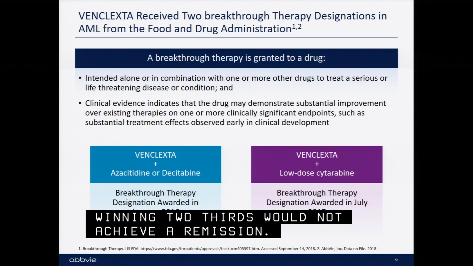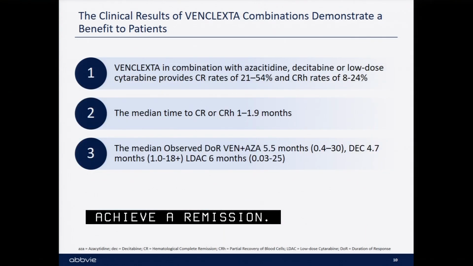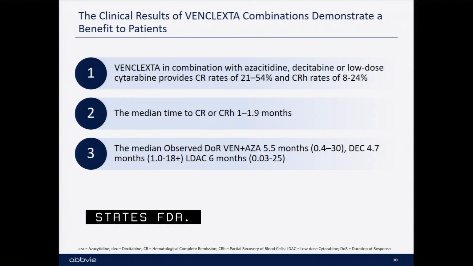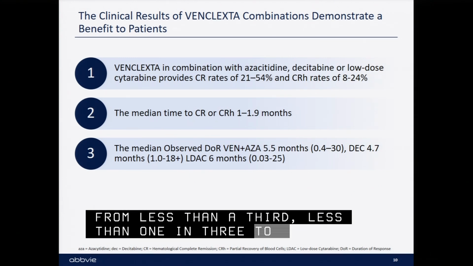Venclexta in combination with azacitidine, decitabine, and low-dose cytarabine has received breakthrough therapy designations from the United States FDA. In part, this is because the combined CR and CRi rates have increased from less than 1 in 3 to 2 out of 3, so doubling of the remission rates with the addition of the Venclexta tablets.